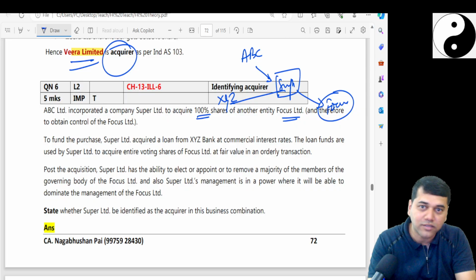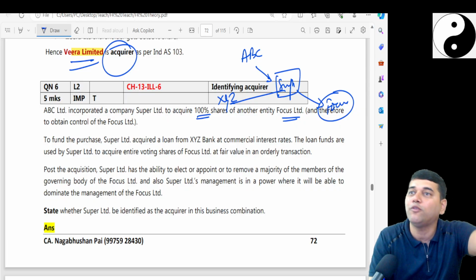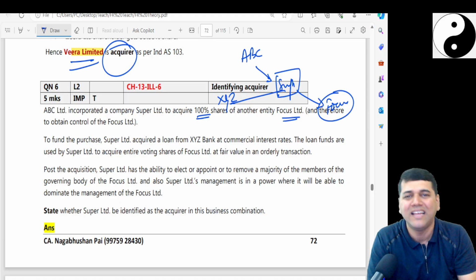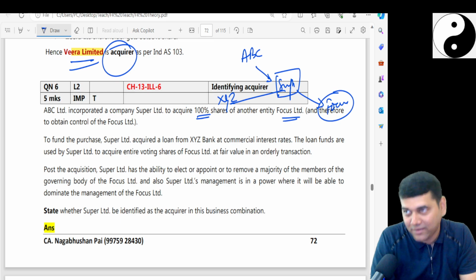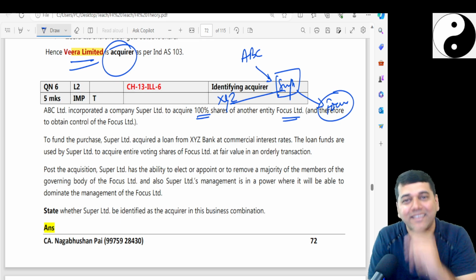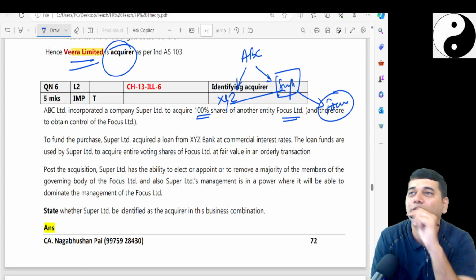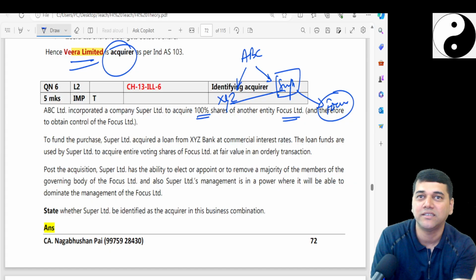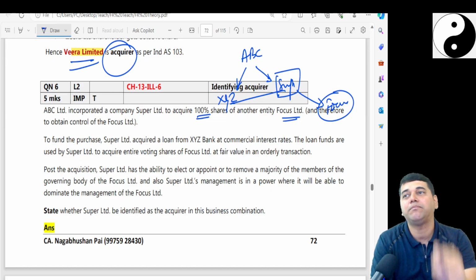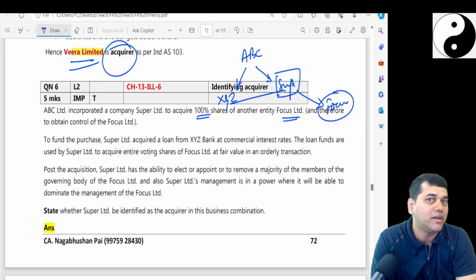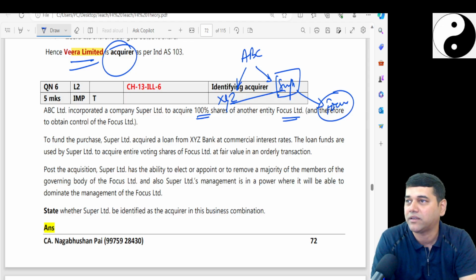How on earth did XYZ Bank give a loan to Super which has got no assets? On the basis of a guarantee. Who must have given the guarantee? ABC must have given the guarantee. What was it earlier? Outside the balance sheet. Now what is it? Ind AS 109 is going to capture that guarantee, and we have learned how to account for that guarantee, as a financial liability.